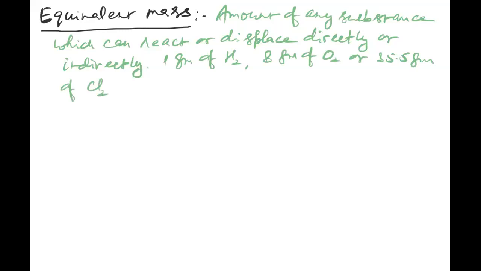So equivalent mass is the amount of any substance which can react or displace, directly or indirectly, 1 gram of hydrogen, 8 gram of oxygen, or 35.5 gram of chlorine, etc.